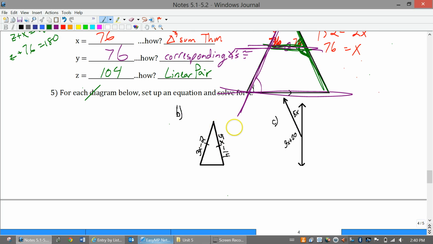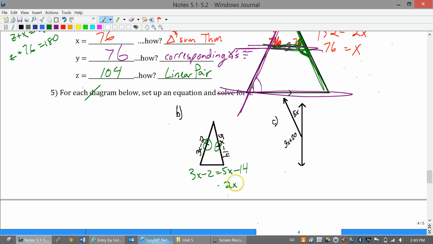On this picture, if we want to solve for x, notice how we're transitioning from the angles to the sides now. Those measures are not in the angles, they're just written on the sides. But notice how the markings say that they're congruent, so we can say 3x minus 2 equals 5x minus 14. We can solve that.